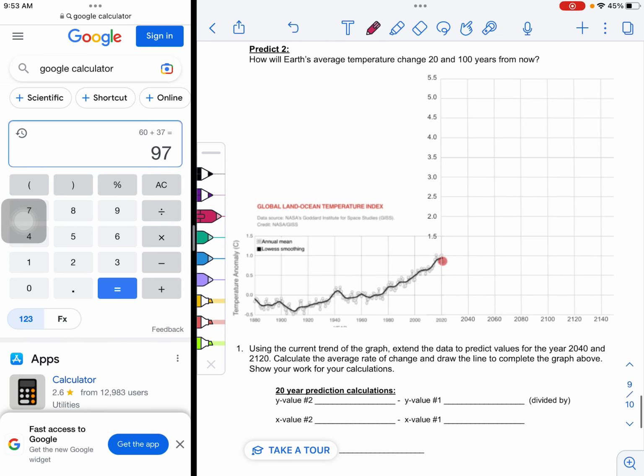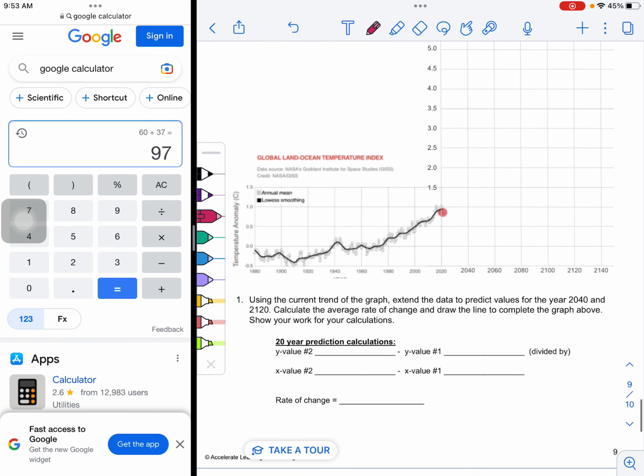And you're doing the same thing here. So my recommendation again to you to get started is start with 2020 and the year 2000. Use those points on the graph. Read the data there.